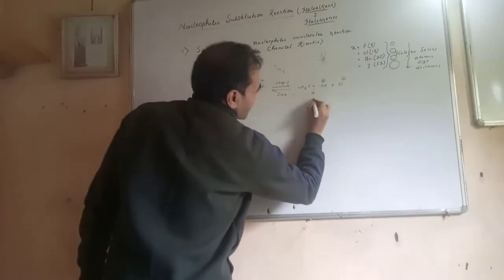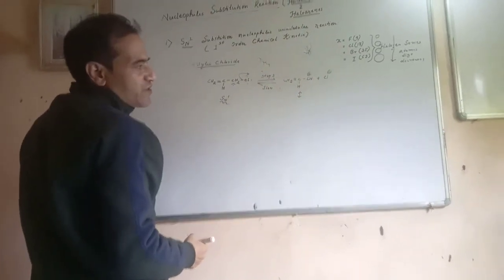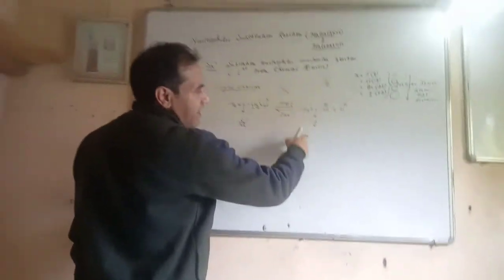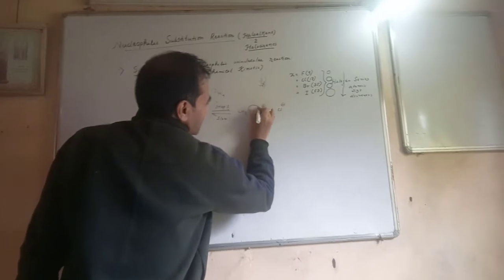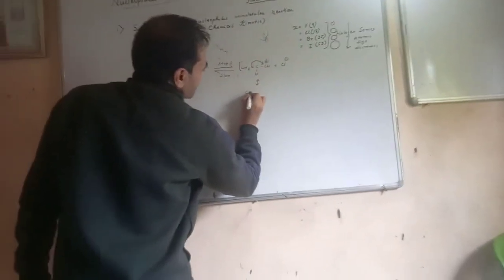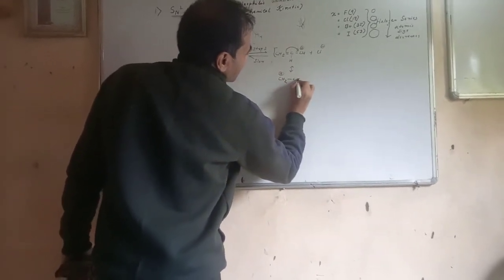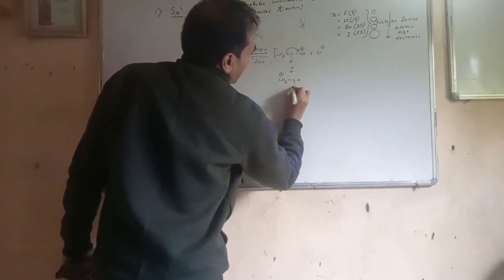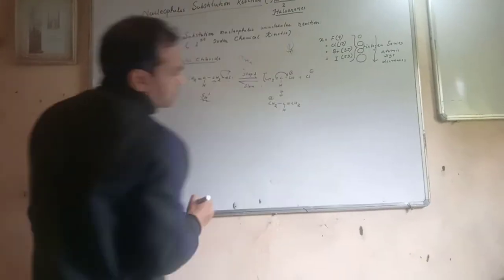Now, this carbocation has to undergo resonance. If it is not undergoing proper resonance, this carbocation intermediate will not be stabilized. But here the resonance will take place, like this one. Once the resonance takes place, the plus charge will automatically develop here. So you will get this particular compound.